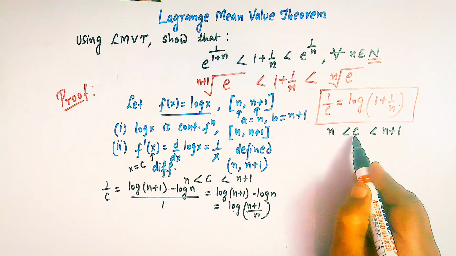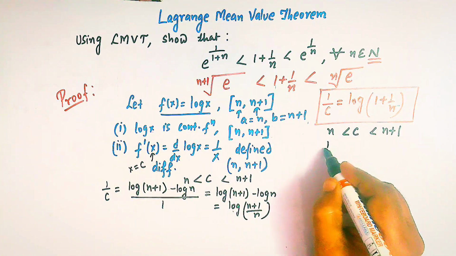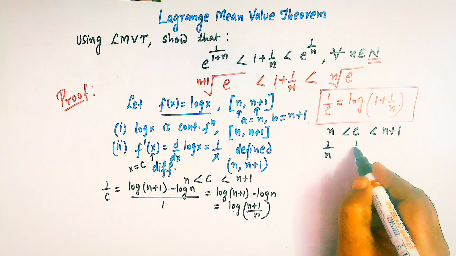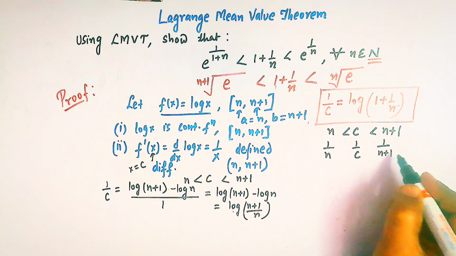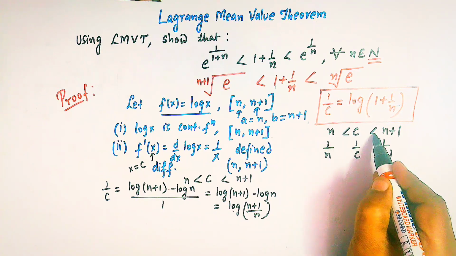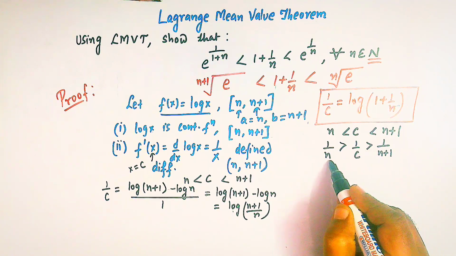So let us take the reciprocal of all these three numbers. So we'll have 1 over n, here we have 1 over C, and here we have 1 over n plus 1, and the direction of the inequality gets reversed. So now we have this inequality, right?